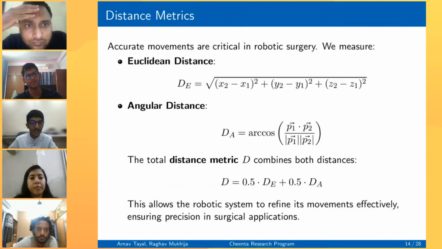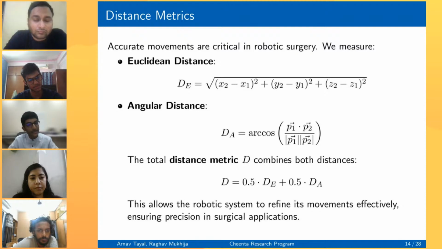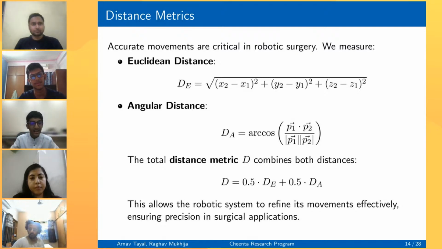Yeah. So we can easily find the Euclidean distance by the very famous formula: square root of (x2 minus x1) whole square plus (y2 minus y1) whole square plus (z2 minus z1) whole square. This gives us the distance between two points in the Euclidean xyz plane, and the angular distance is just the distance between orientations, you can say.